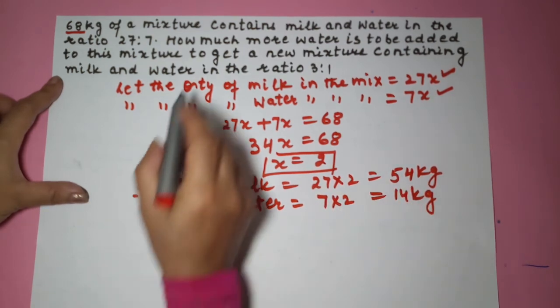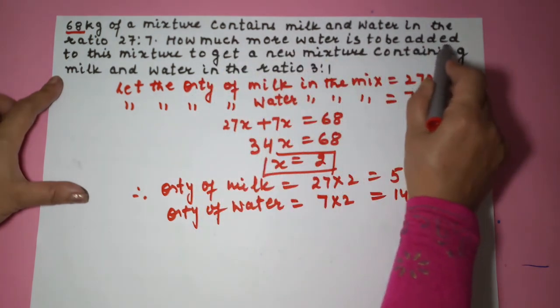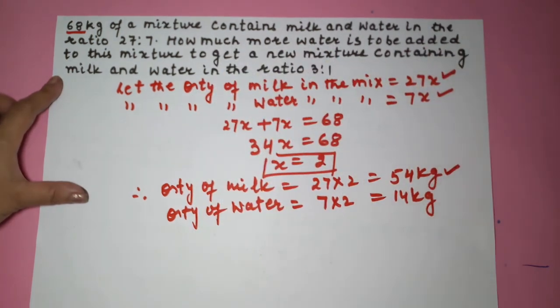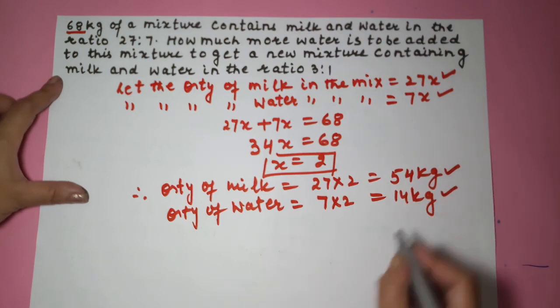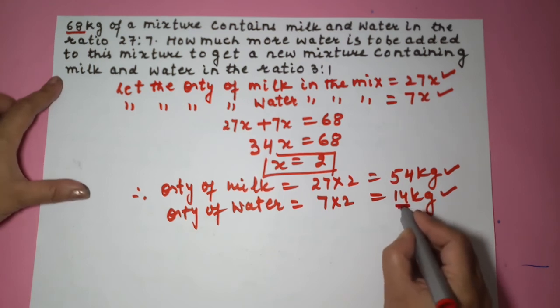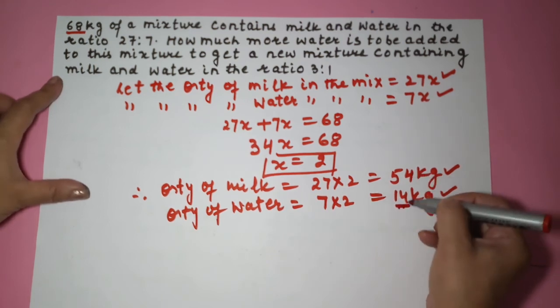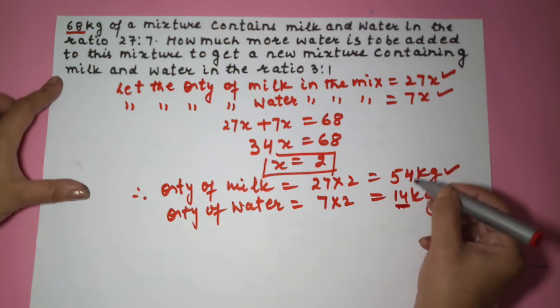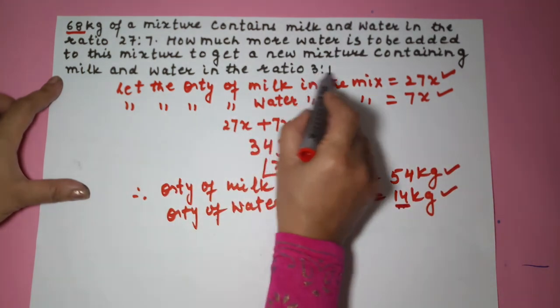Right? Now he's saying how much more water is to be added. Now we have the quantity of milk as 54 kg and the quantity of water as 14 kg. How much water should we add so that the new ratio between these two liquids will become 3:1?